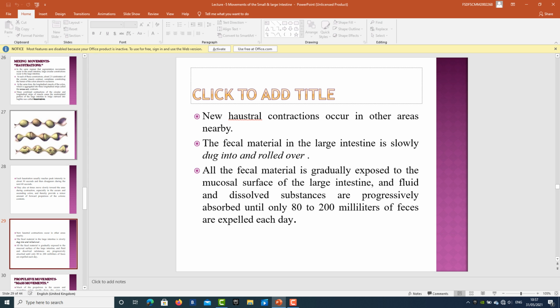New haustral contractions occur in other areas nearby. The fecal matter in the large gut is slowly dug into and rolled over. All the fecal material is gradually exposed to the mucosal surface of the large gut, and fluid and dissolved substances are progressively absorbed until only 80 to 200 ml of feces are expelled each day.